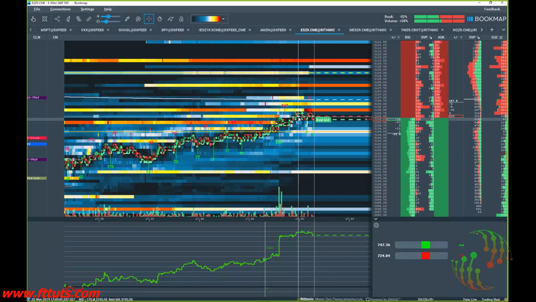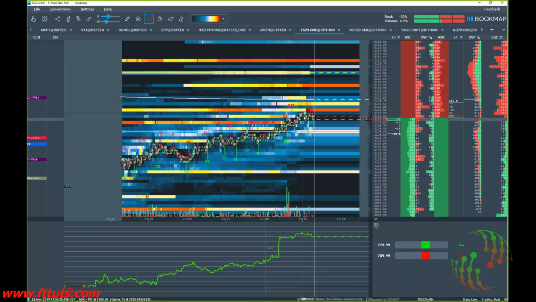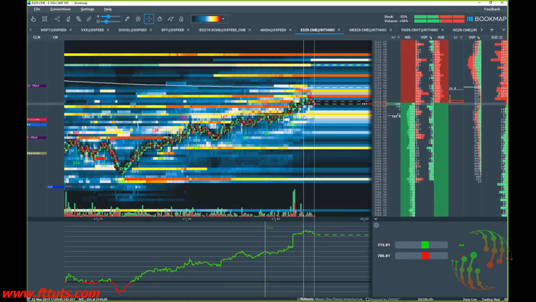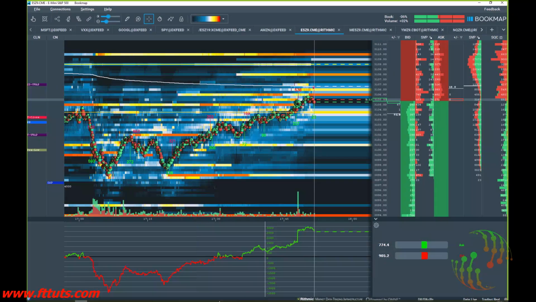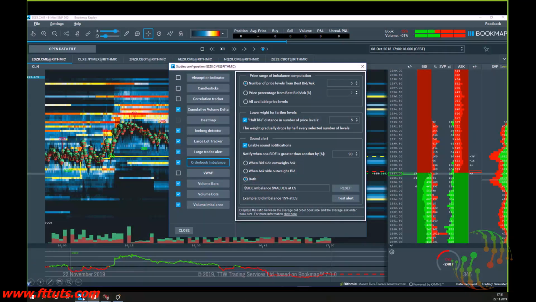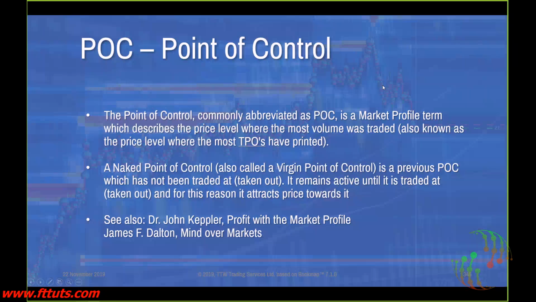There's an imbalance in the chart or in the market. Be very careful. It is really helpful, guys. So please, if you have the plus version of Bookmap, use it.